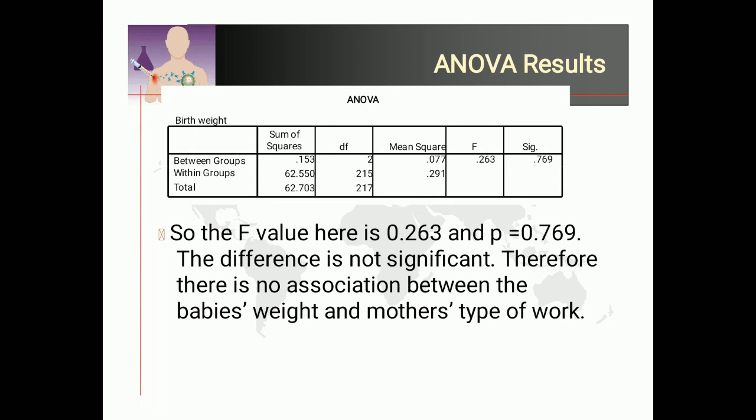The difference is not significant, so there is no association between the baby's weight and the mother's type of birth. So this is the finding of ANOVA.